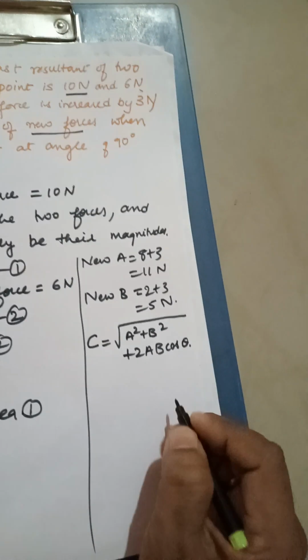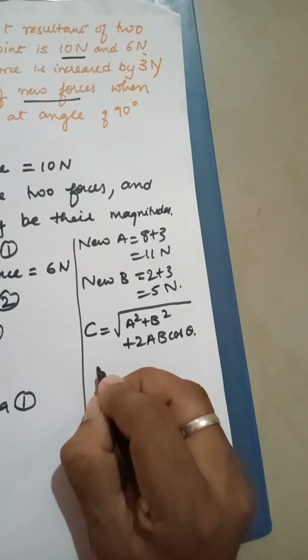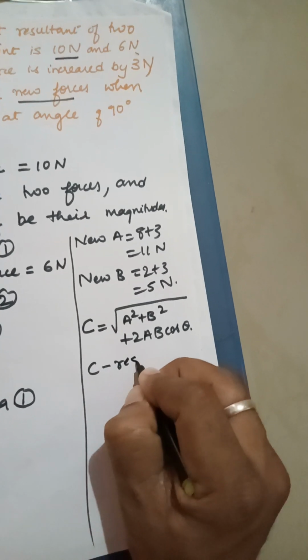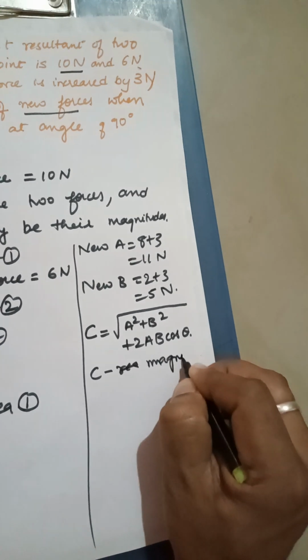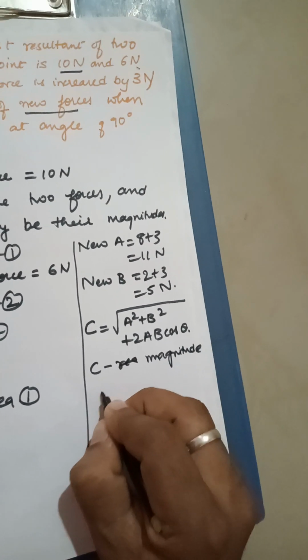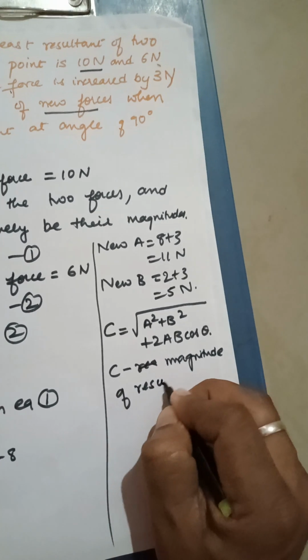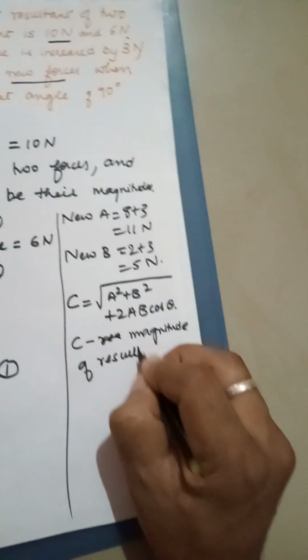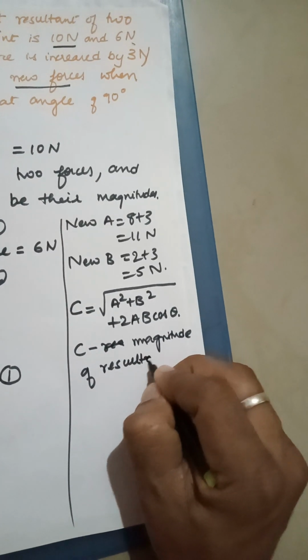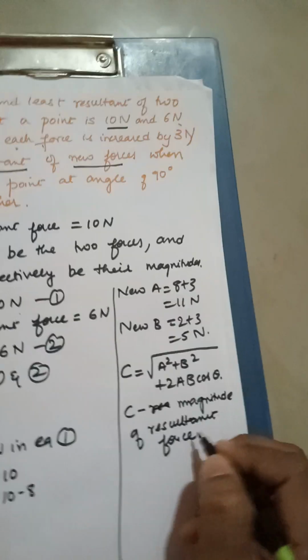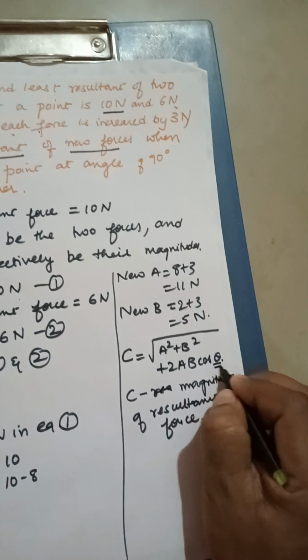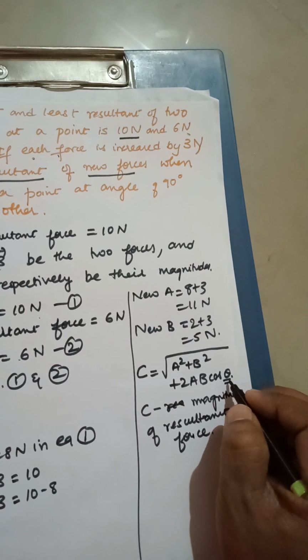Here, C is the magnitude of the resultant force. Now what is theta here? Theta represents the angle between the two forces.